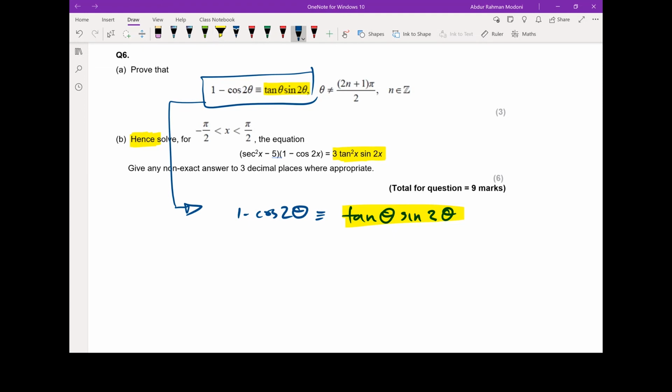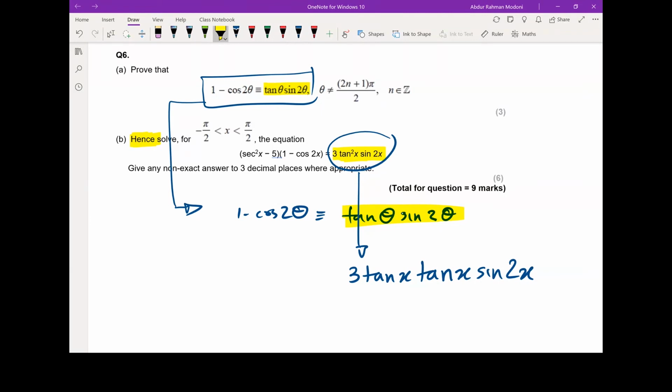Yeah, so we can manipulate this a bit here. This here, I can actually rewrite as 3 tan x sine 2x. Now, all I've done is split up the tan squared into tan x. Why did I do that?